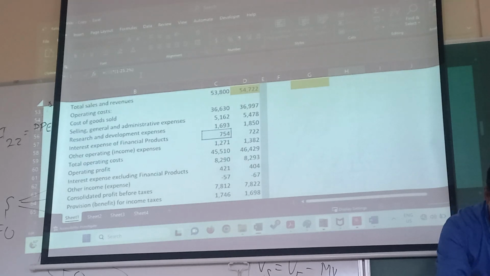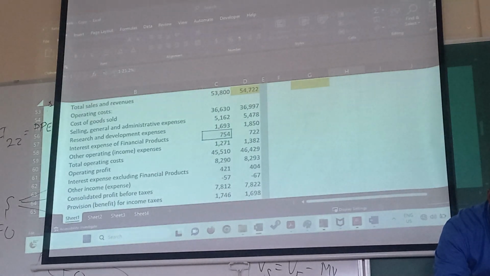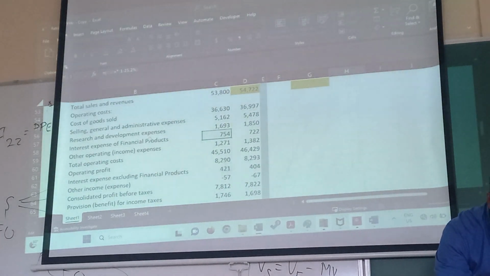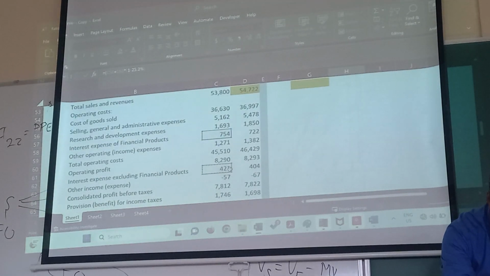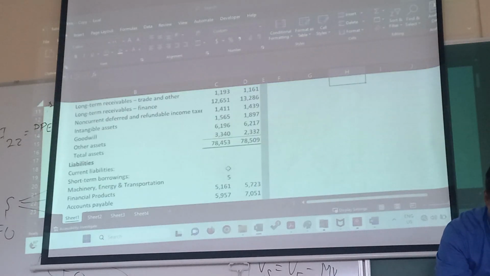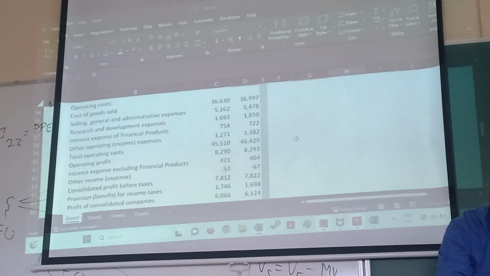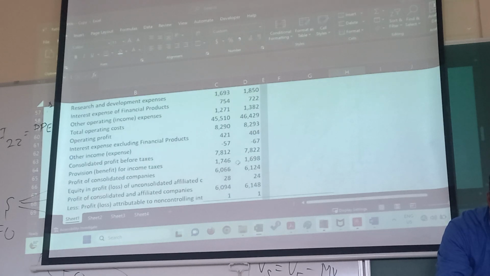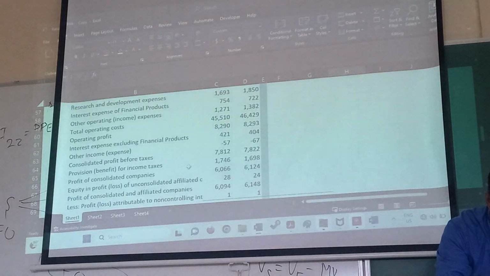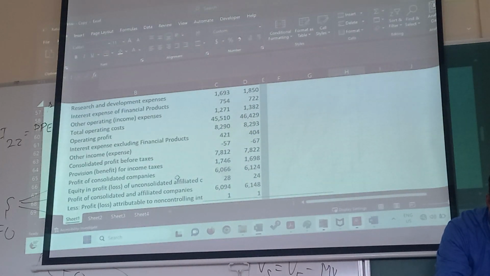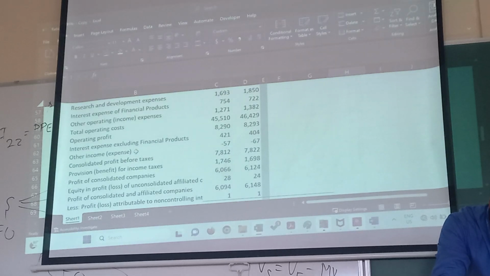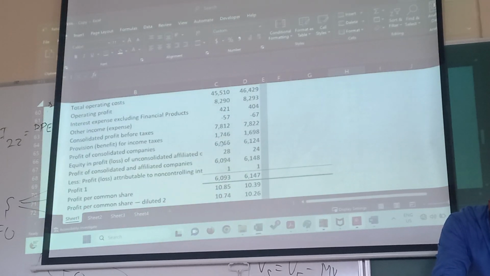So guys, there are two interest rates given here, so I will be taking both of them. One mistake you might do is you will take the tax here. Do we have the tax here? Tax expense not given.